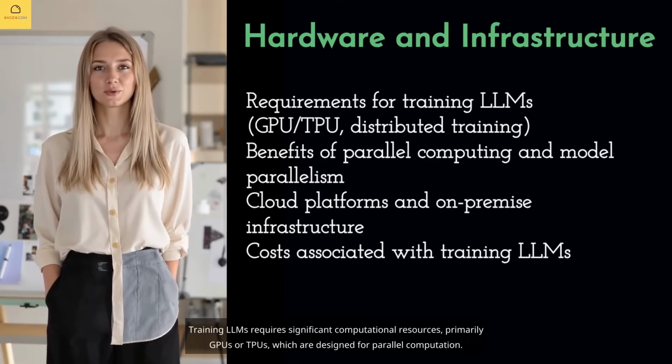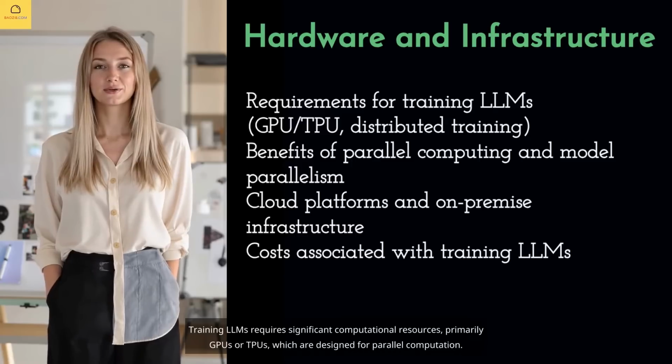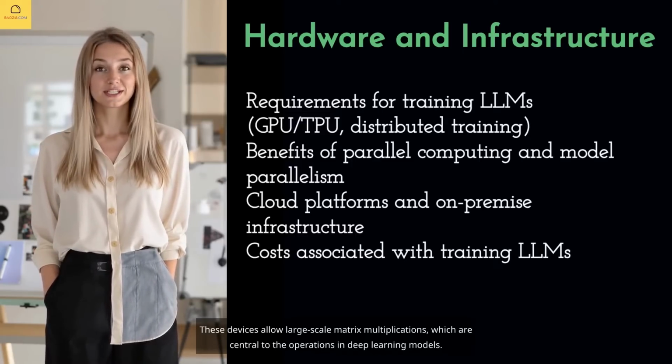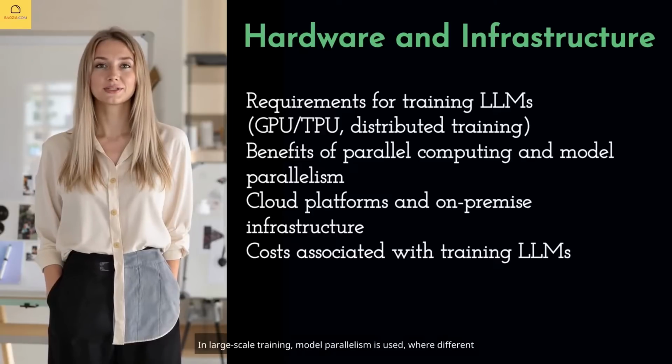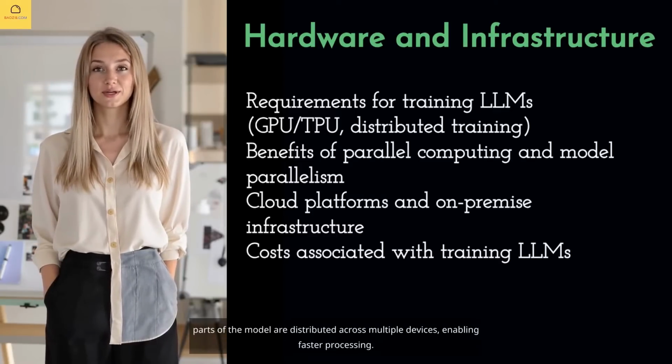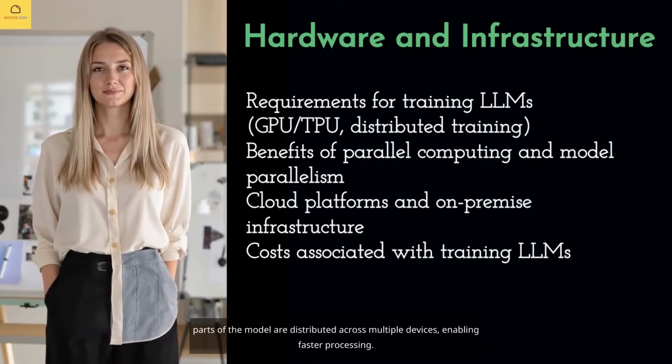Training LLMs requires significant computational resources, primarily GPUs or TPUs, which are designed for parallel computation. These devices allow large-scale matrix multiplications, which are central to the operations in deep learning models. In large-scale training, model parallelism is used, where different parts of the model are distributed across multiple devices, enabling faster processing.